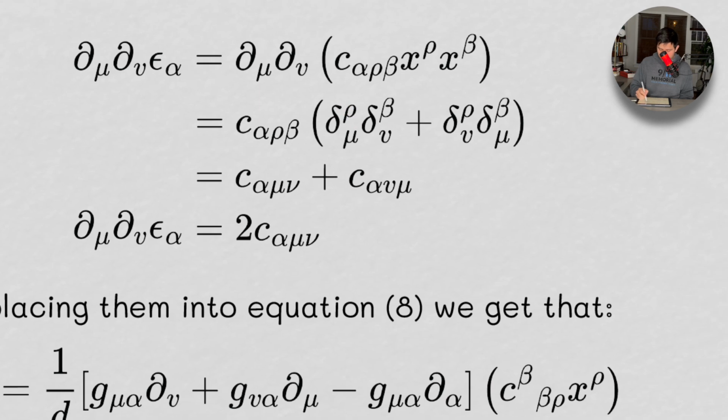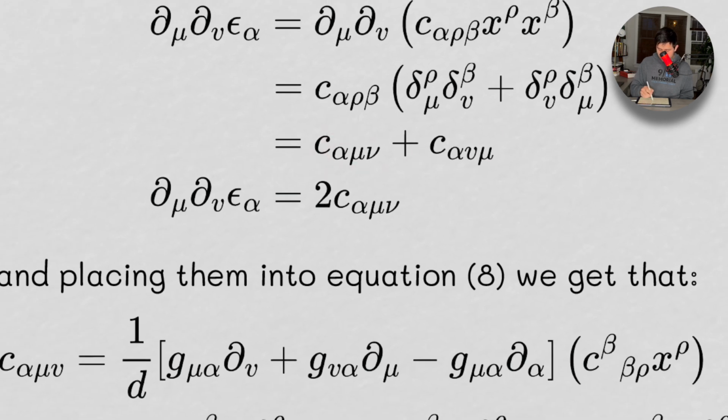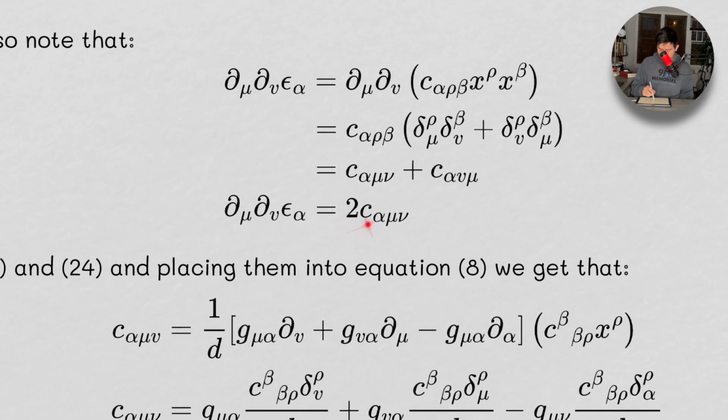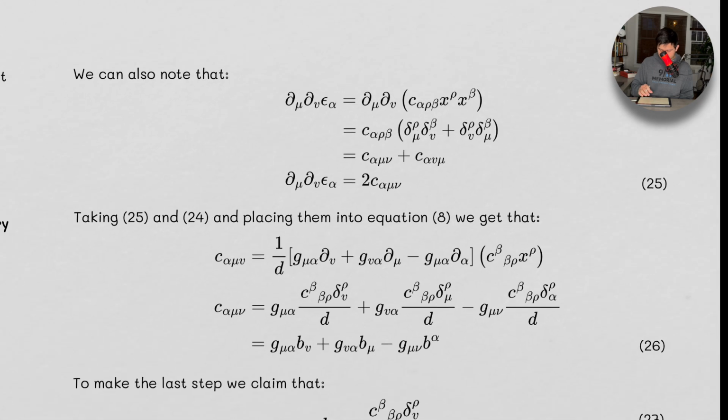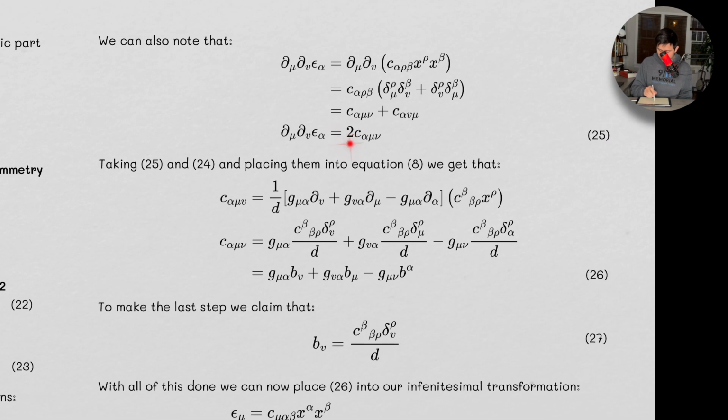Same thing here, rho beta, nu mu. And these two things are the same thing. And so we get 2 times c alpha mu nu. Okay. So that we'll call equation 25.